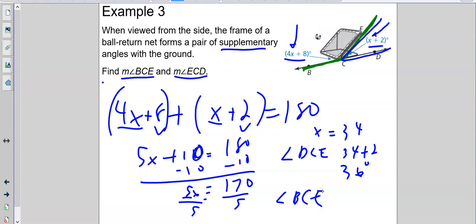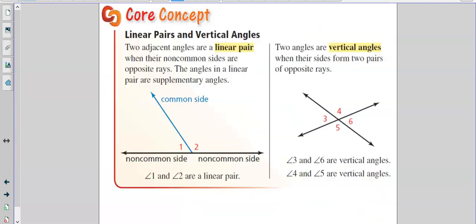So if I do 180 minus 36, I get 144. And those two add up to 180, so they are supplementary. Again, I could have done 4 times 34, which would have been 136, and then added 8. It makes no difference. Your choice.